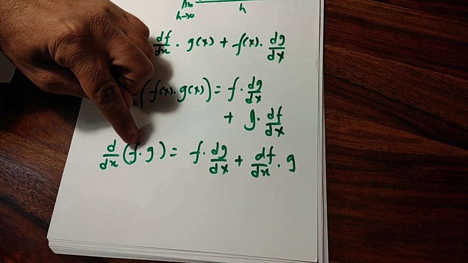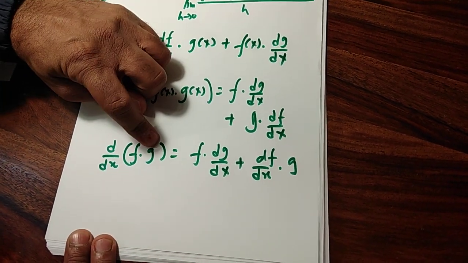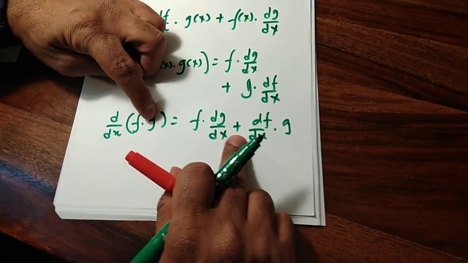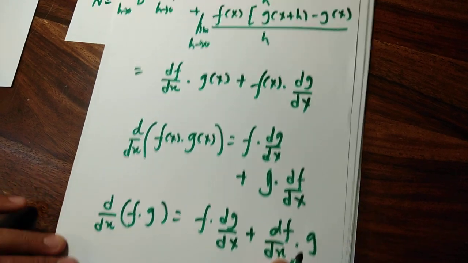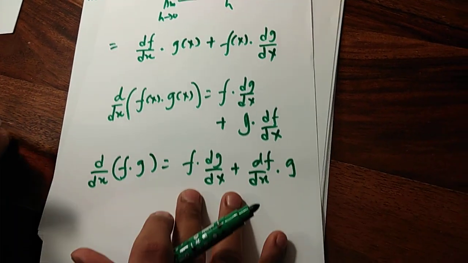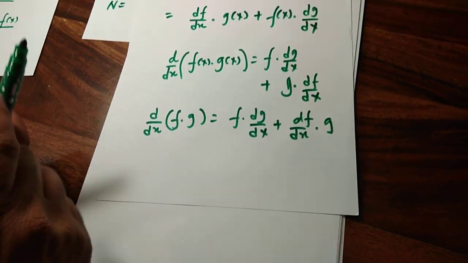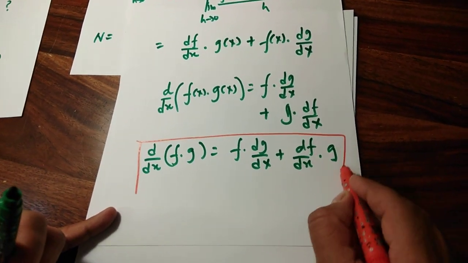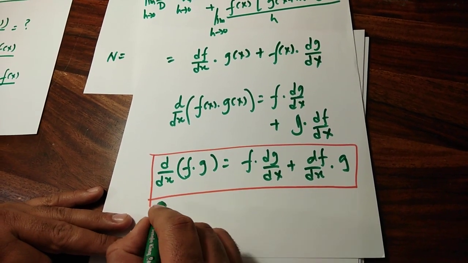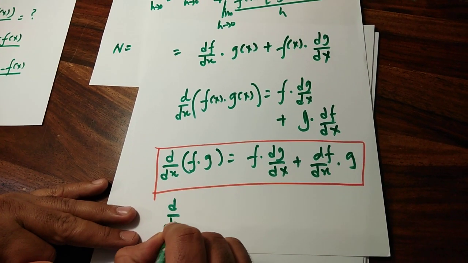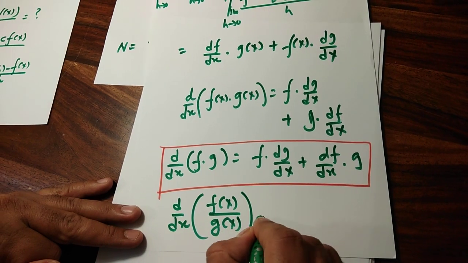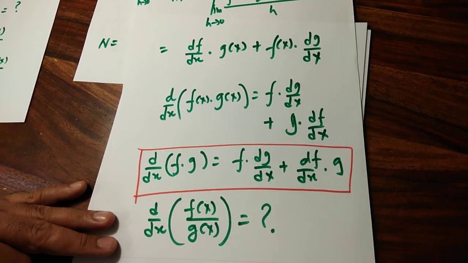So you take the derivative of one, leave the other untouched, plus take the derivative of the other, leaving this one untouched. Okay, this is nice. Now we will continue further, maybe in the next video, and ask what we get for this. Okay, good.